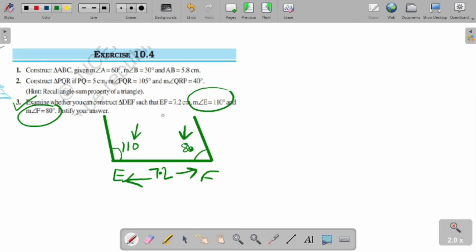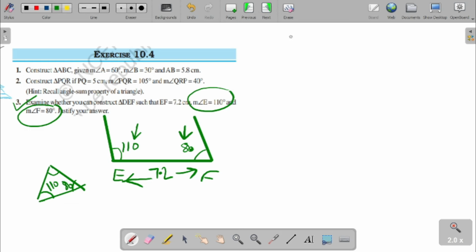One other thing we can do: in any triangle, if we are given two angles, we can find the third angle. 110 and this is 80. So what is the third angle? If construction of the triangle is possible, then we can find this angle.